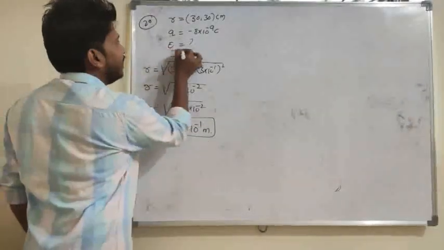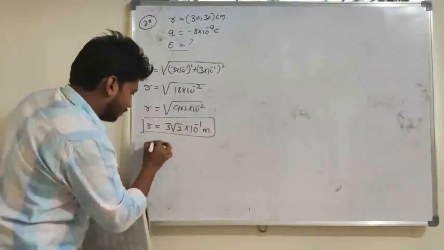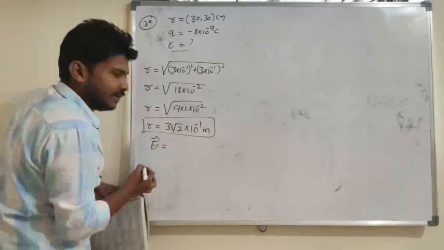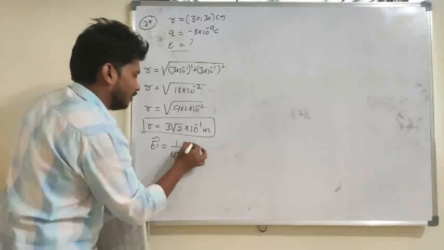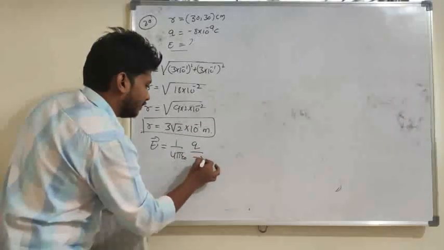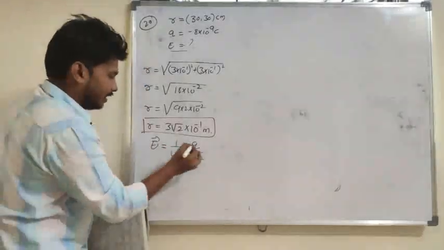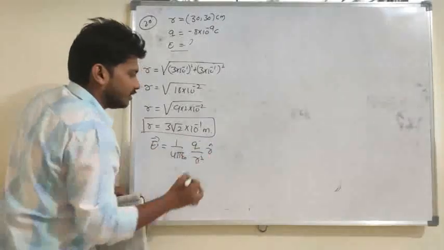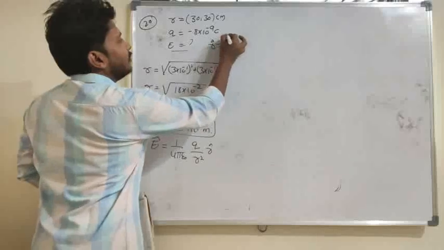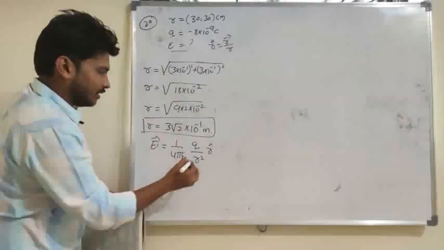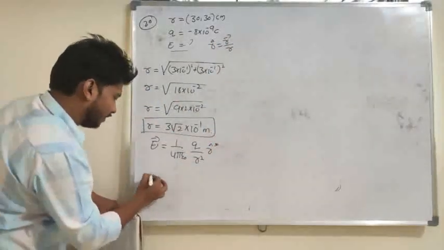Now I will find that electric field. What is the formula for electric field here? E is equal to 1 by 4 pi epsilon naught Q divided by R square. So in vector form, R square into R cap, where R cap is equal to vector R by R. So I will fill that R cap value here.